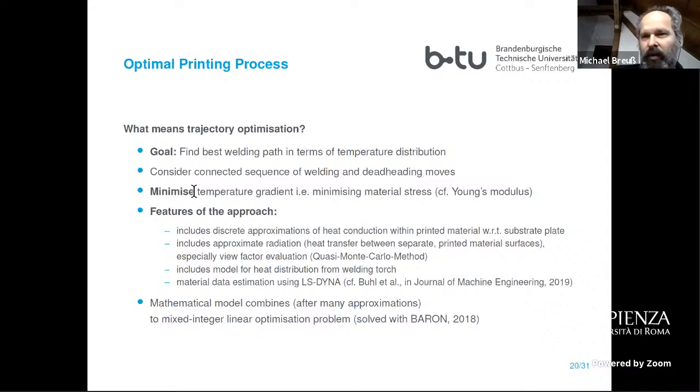Then comes the delicate point. We have seen it also on one slide of the previous talk. You have radiation. So if you print a structure and you imagine two rods that are printed in some geometric location towards each other, they heat each other mutually.